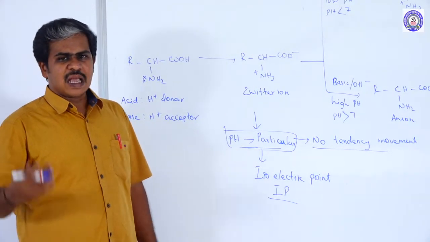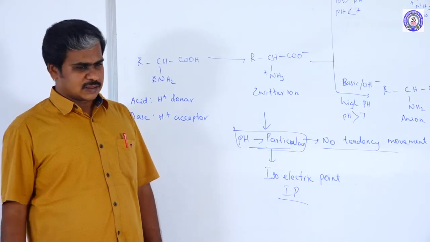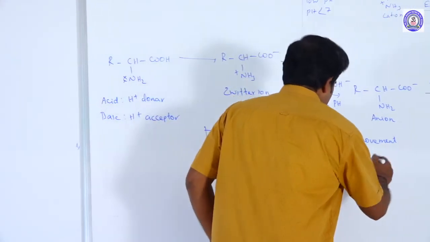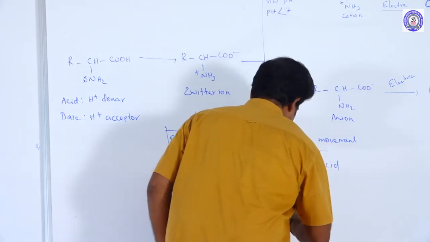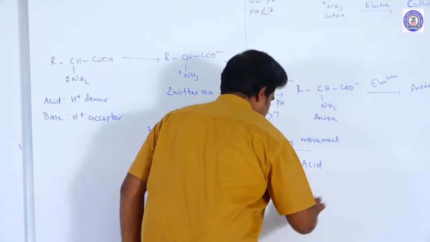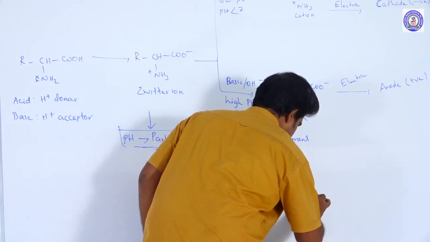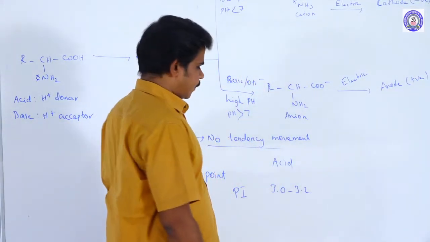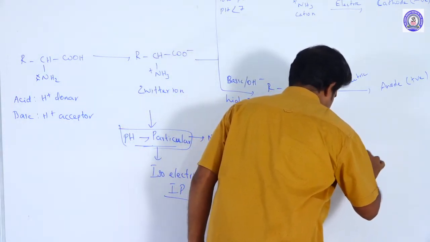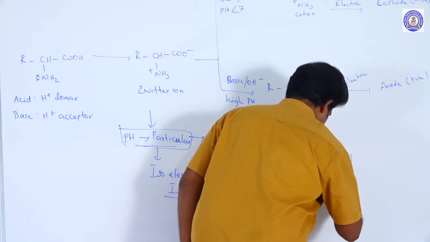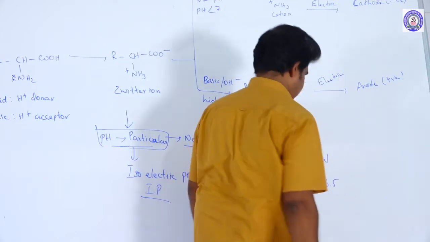Now we are taking acidic, basic and neutral amino acids. If it is acidic, then the pI is 3.0 to 3.2. If it is neutral, then it is 4.6 to 6.5.